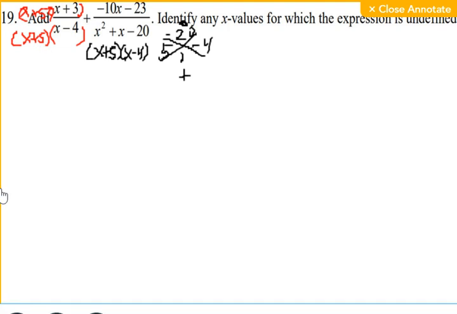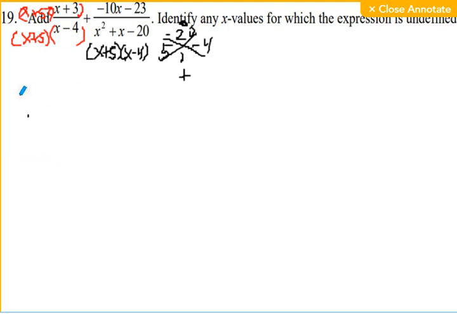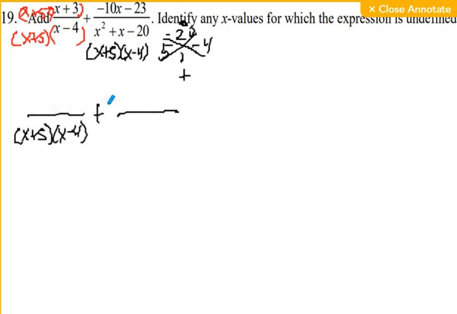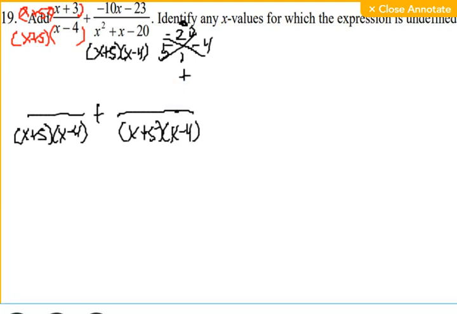So now that we have a common denominator, let's rewrite our two fractions. We got x plus 5, x minus 4, x plus 5, x minus 4. And then the numerator, we need to distribute the x plus 5 and multiply times x plus 3.